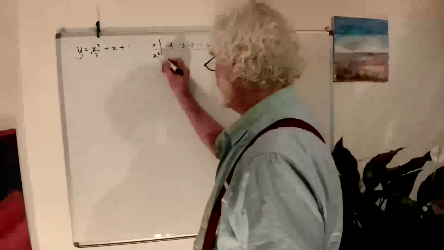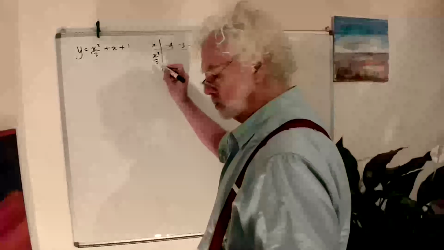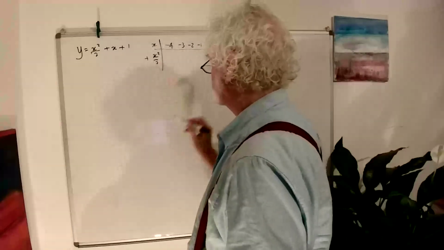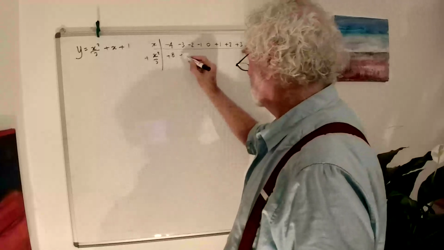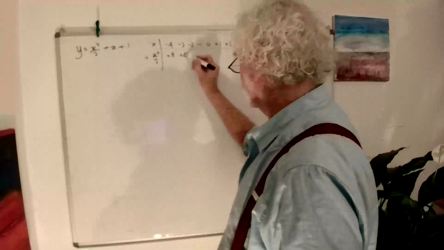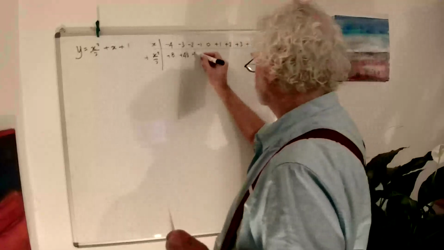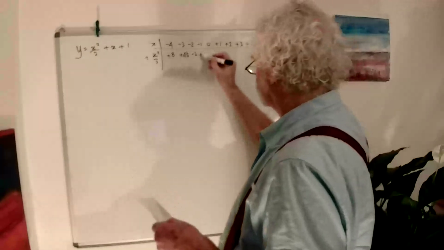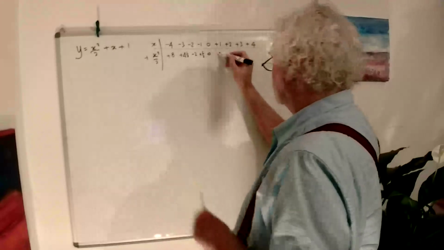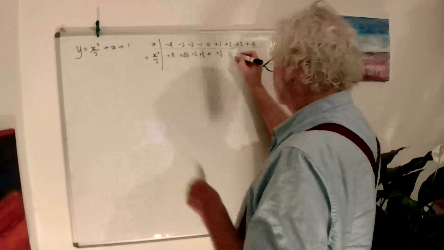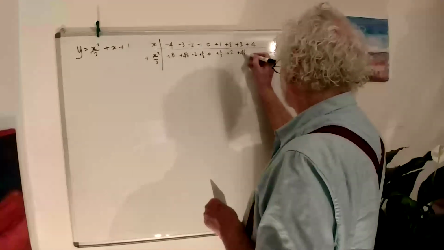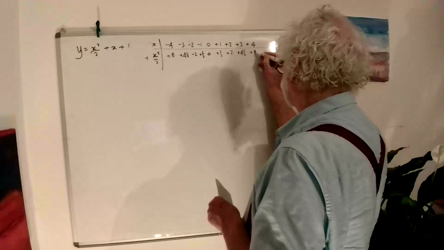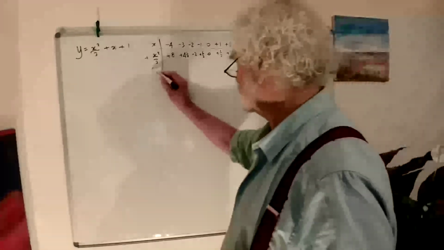So that means that x squared over 2 is plus 8, plus 4.5 for that one, plus 2, plus a half, 0, plus a half, plus 2, plus 4.5, and plus 8. Then the x, let's add in an x here.